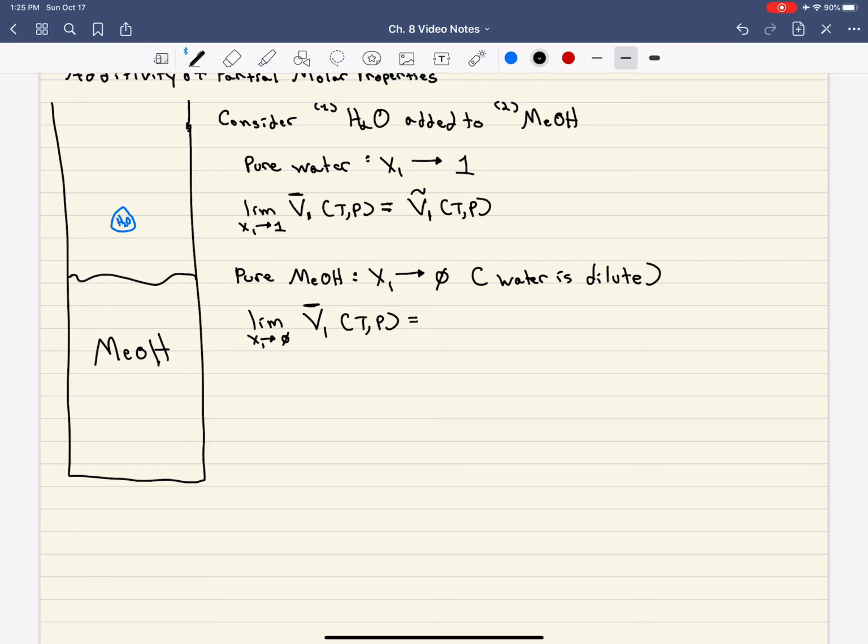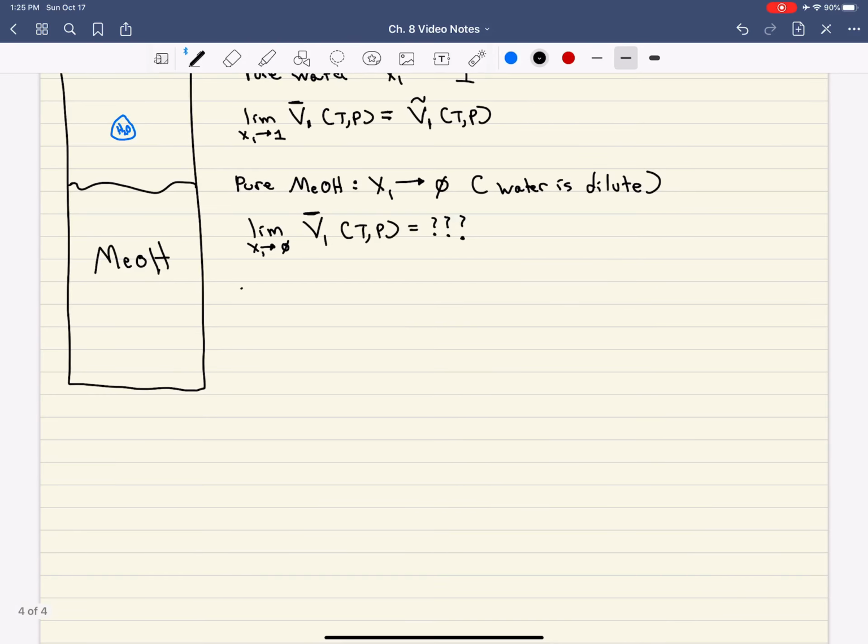what value should we expect? Right? We're clearly not going to get back the molar volume of the pure water. But exactly what would the effective volume of the water added to the methanol be? And so here, at least at this point, it's not clear what that value would be.